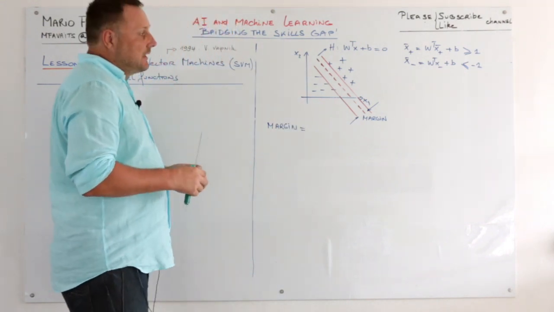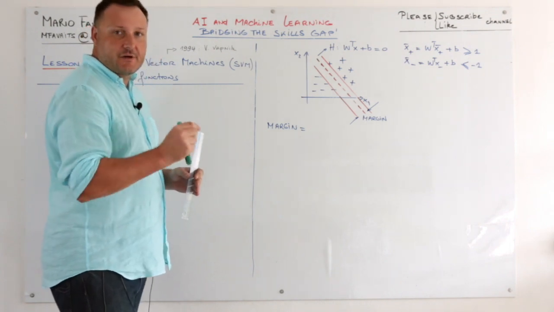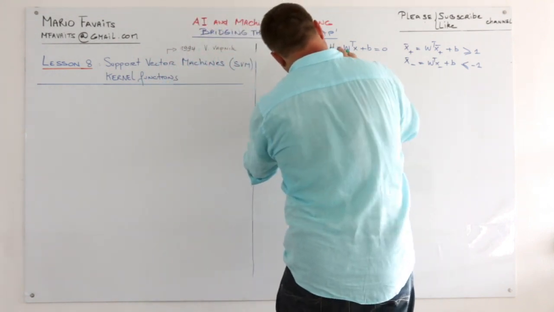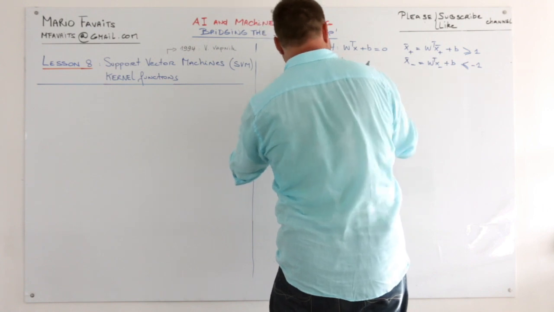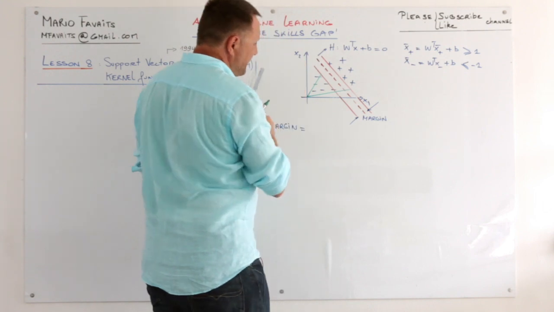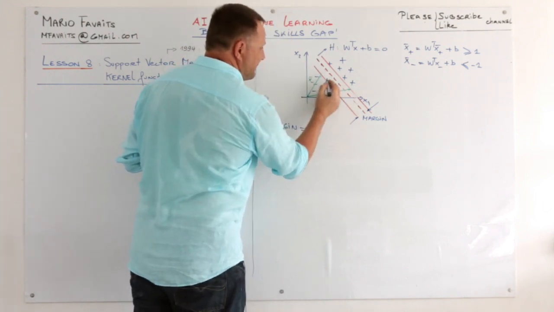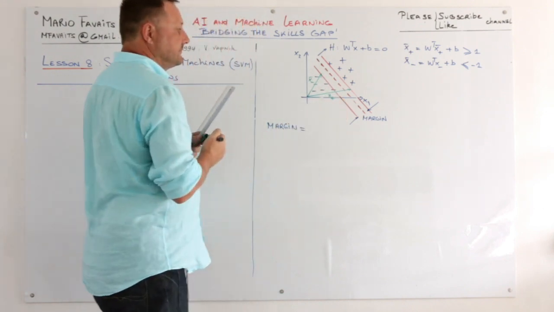They're closest to the hyperplane, very, very close to the hyperplane. So on the negative side, I'll draw this one. So this would be x minus, and let this vector be x plus. Okay?